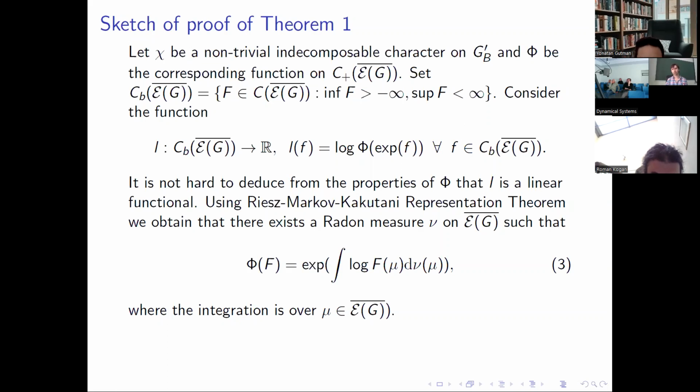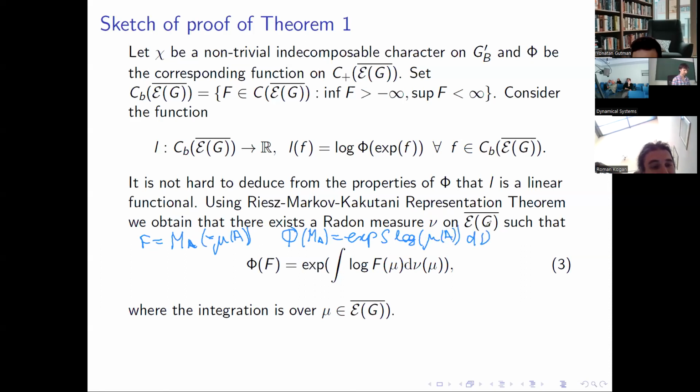Now, so what does this mean? For instance, what is interesting for us is when F is equal to M_A, so this is a function of mu equal to the value mu of A. Then f of mu will be just mu of A, so this is exponent of integral of logarithm of mu of A d nu.